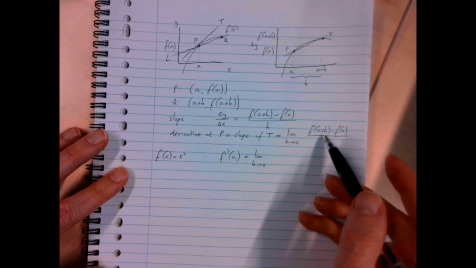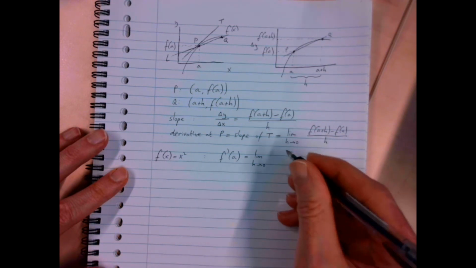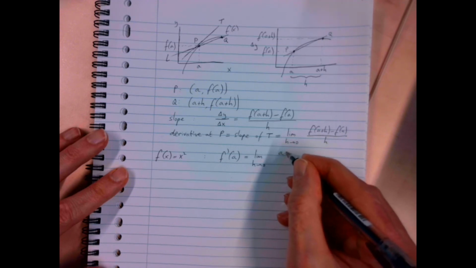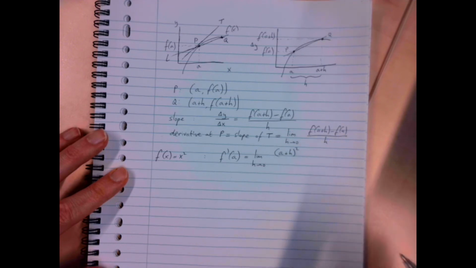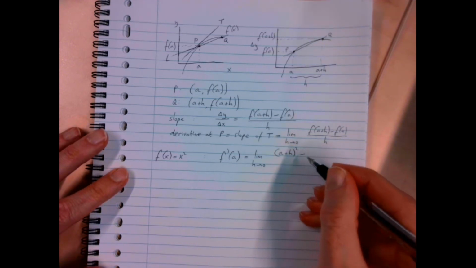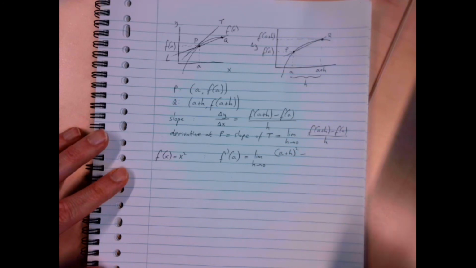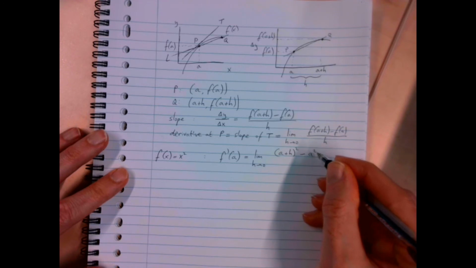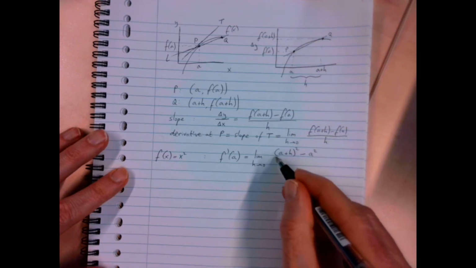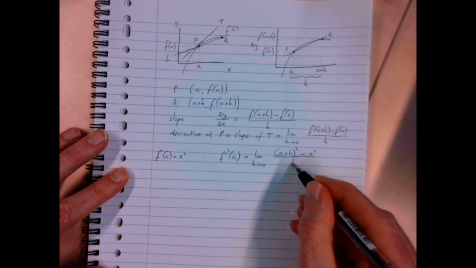Then what's f of a plus h? It's just a plus h squared. That's the y-coordinate at the point Q, if you wish. And the y-coordinate at the point a itself, the point P, is just a squared. And I need to divide this by h.